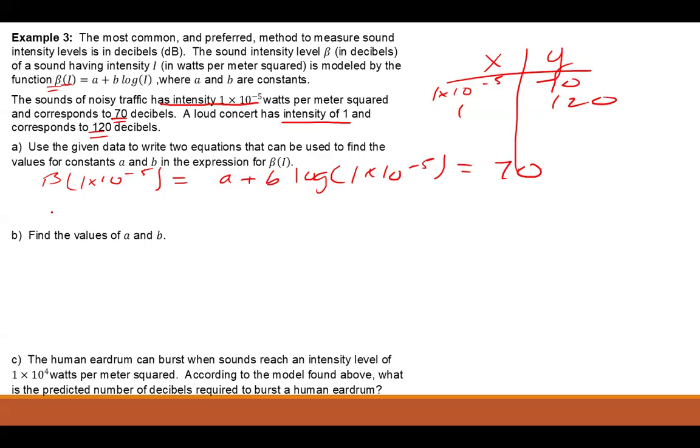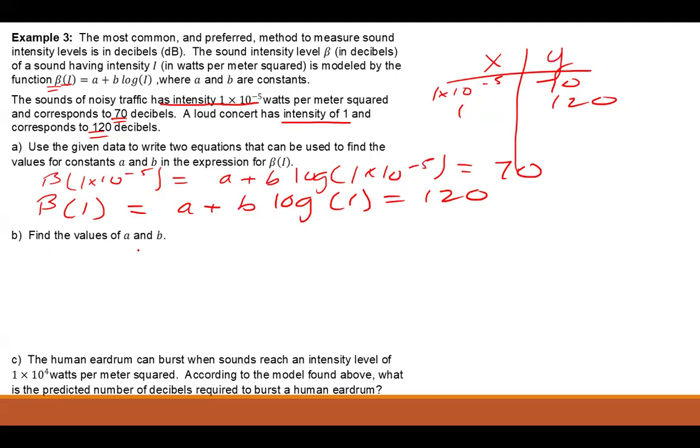The next beta I have is 1. Beta of 1 equals A plus B log of 1 equals 120. You will not get points for this problem without these two set up. I do not care if you use the calculator to check yourself, but it needs to show that you can calculate this without it. Okay?